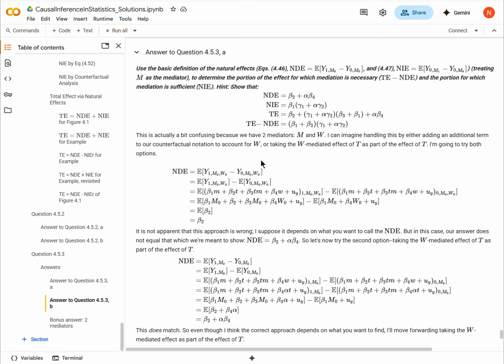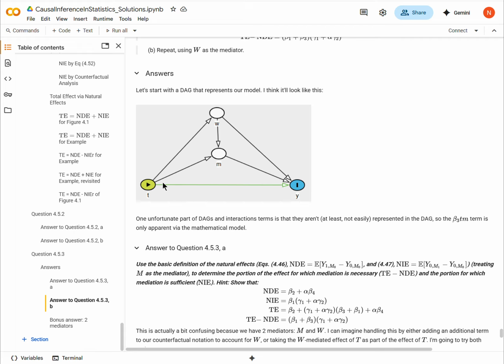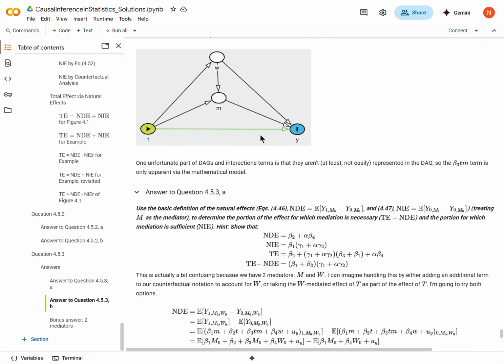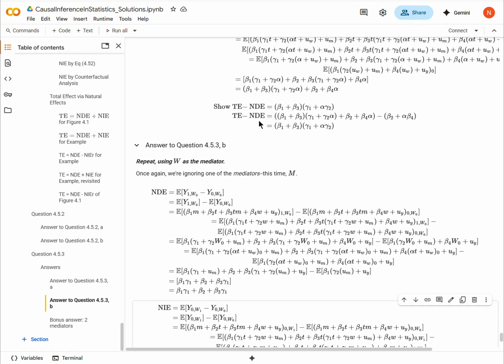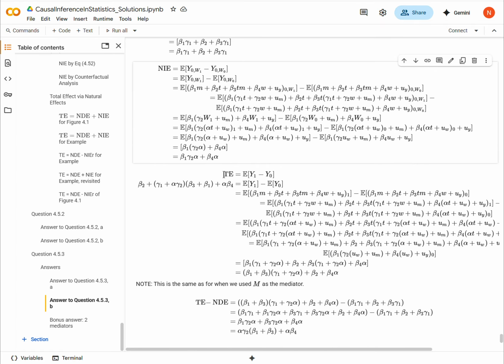This should make sense because when we look at our DAG here, we're activating or fixing different pathways stemming off of T, or the mediators, and so we should get different answers between the two, except for the total effect.